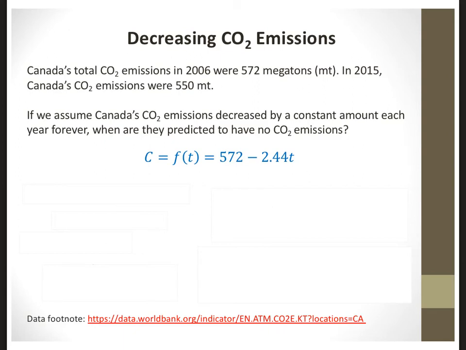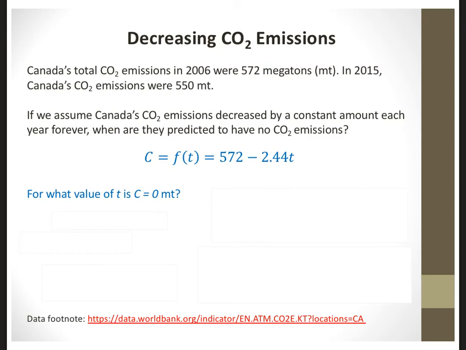So let's say, for example, when is this model going to predict that Canada's CO2 emissions are zero, that they're going to have no emissions? That is asking us mathematically to say for what value of t, what time is the output going to be zero? So we're going to set the output emissions, C, equal to 0, and then we're going to solve for t.